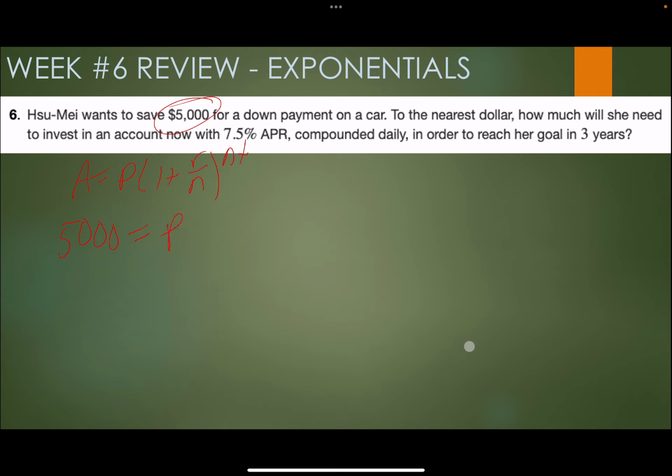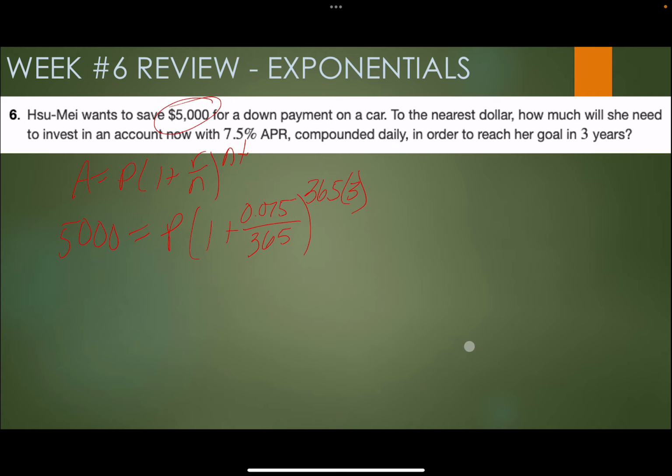We need to know what she needs to put in for P. So we don't know P yet, but we know that 1 plus our interest rate, which is 7.5%, so 0.075, divided by n, which is daily compounding, so that's 365, compoundings times 365, and t in years is going to be 3. Right? That's what was ended up happening up there.